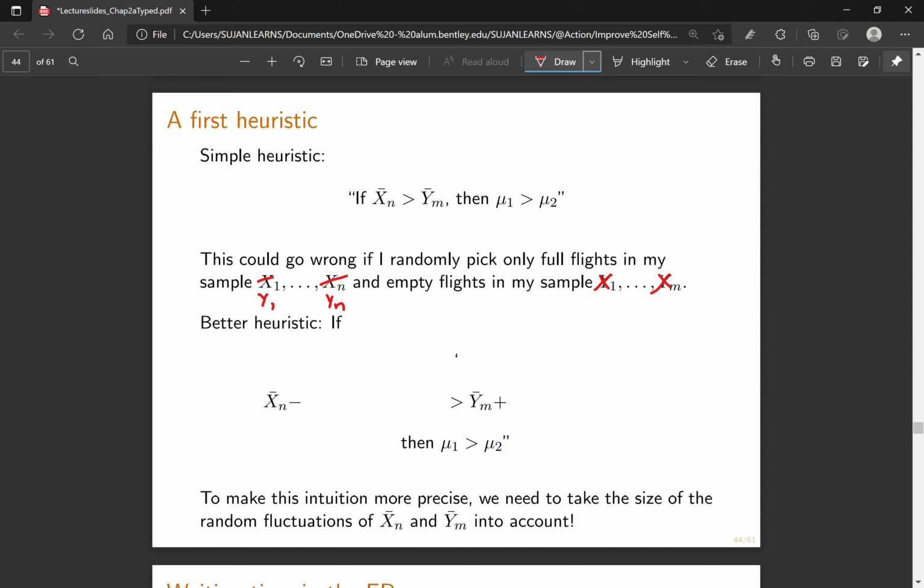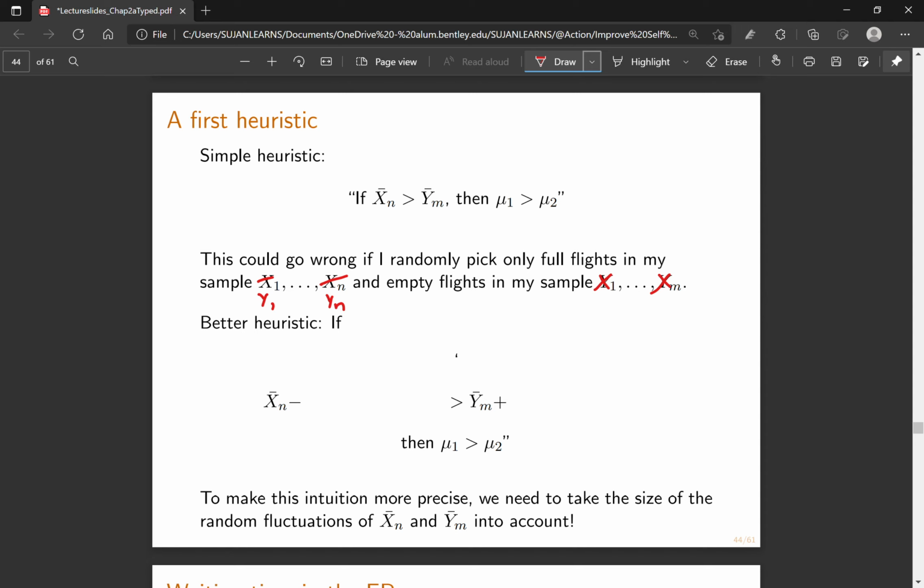At first look, we can simply say that we'll take the mean of the first sample x, and we'll take the mean, the average, of the second sample y, which have different numbers of observations. And if the mean of the x sample is greater than the mean of the y sample, we will simply say that mu1 is greater than mu2.